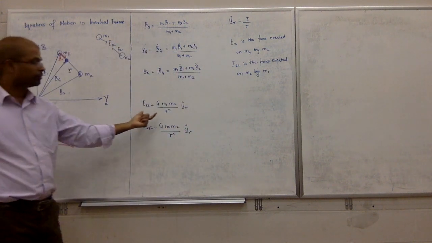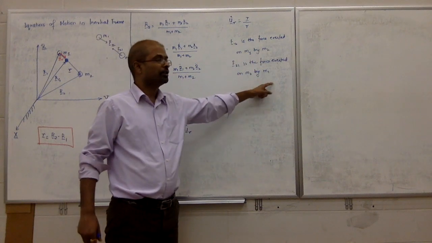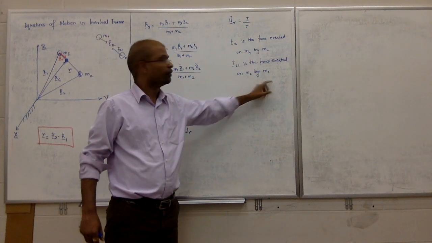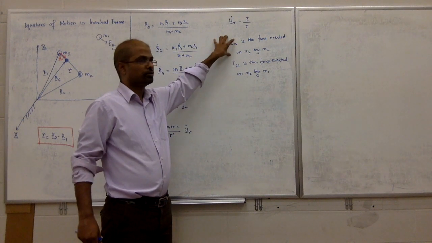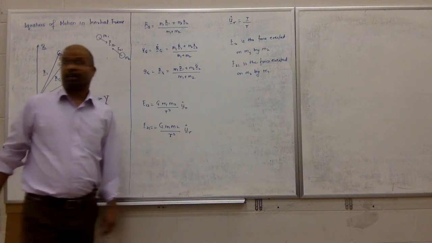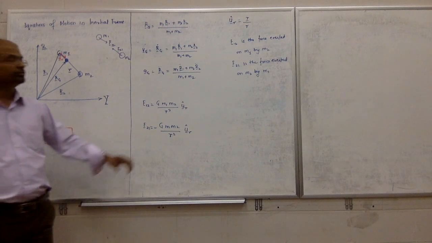We define the force on M1 by M2, and on M2 by M1. Which one would we be interested in, this or this? In the practical sense, probably the first one. No, the second one, M2.